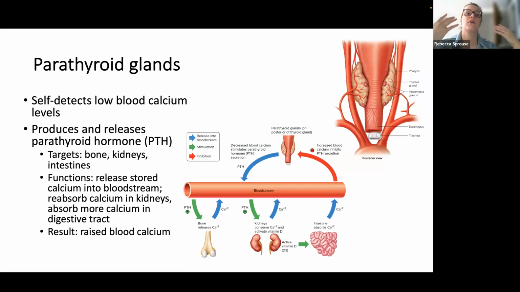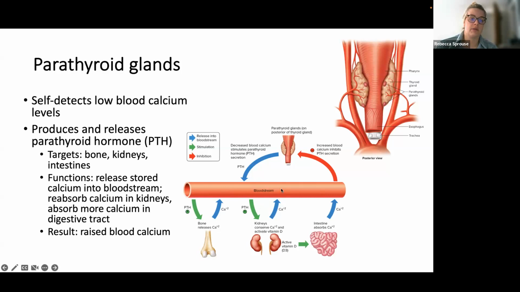Negative feedback, homeostasis, right? So here's a good example. If we have decreased blood calcium, we are going to release PTH. PTH is released into the bloodstream, travels to bone, kidneys, digestive tract. So if PTH binds on cells in the bone, we're going to have calcium put into the bloodstream.